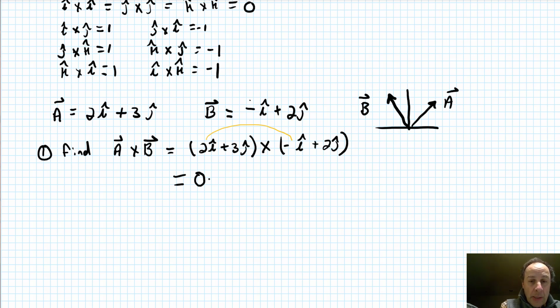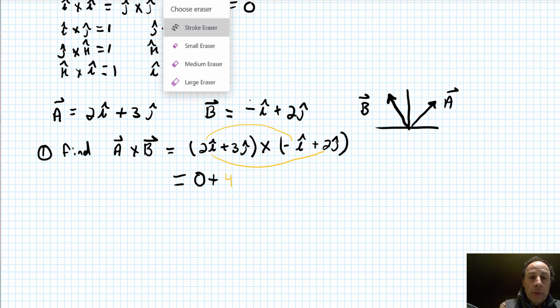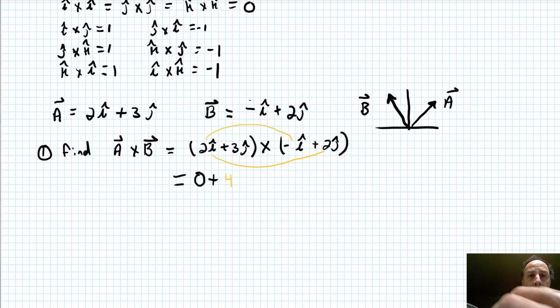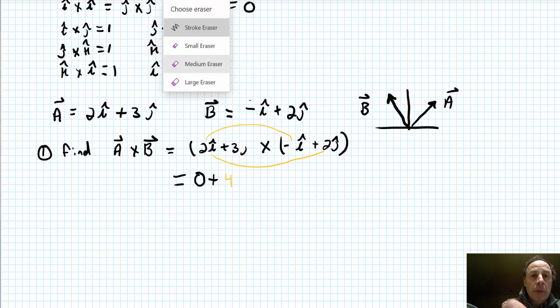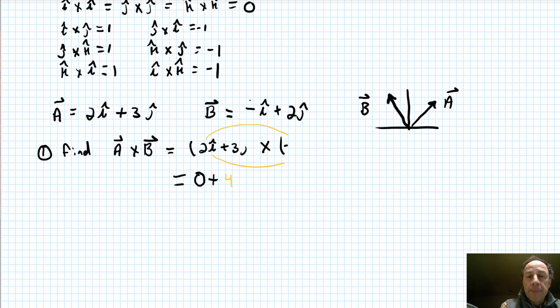Now if we take this 2i and multiply by this 2, we get 4. Oops. You know what? I'm skipping a step here. And I don't think that's a good idea. So let me back up here a minute.